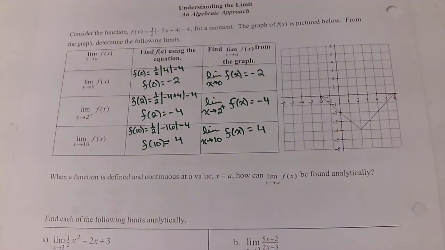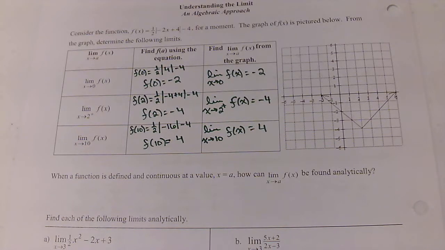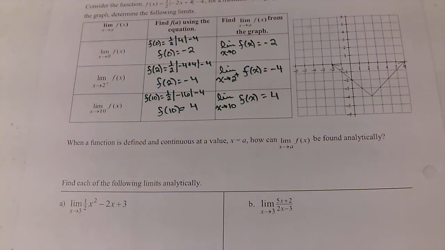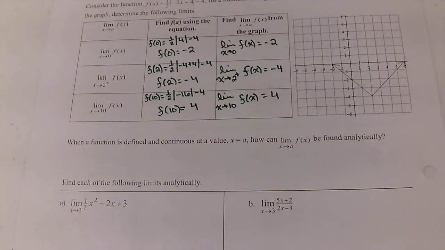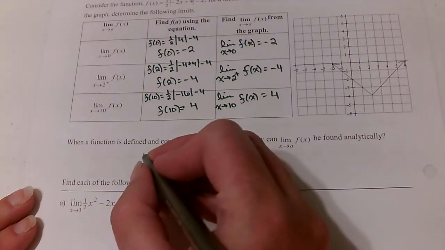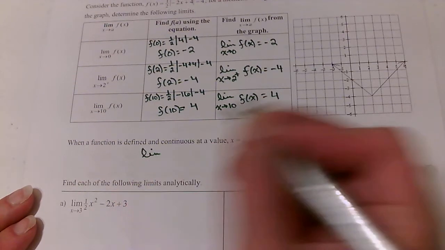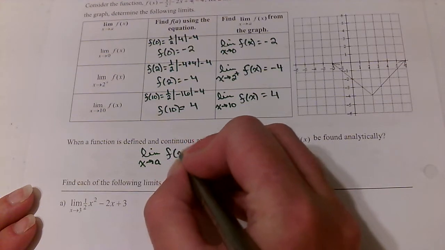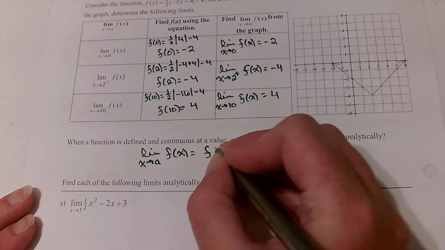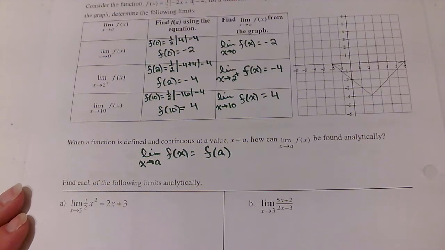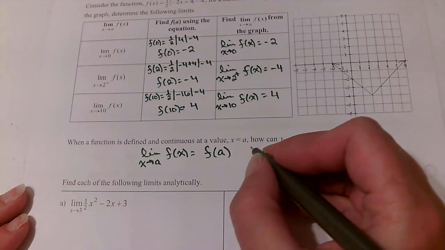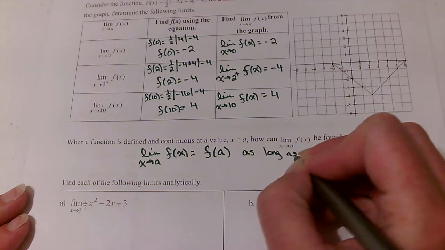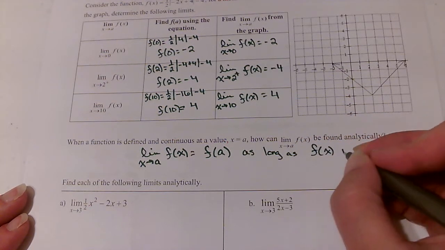So when we have a function that is defined and continuous for all of the x values, we can actually just plug in that x value, as long as f of x is continuous.